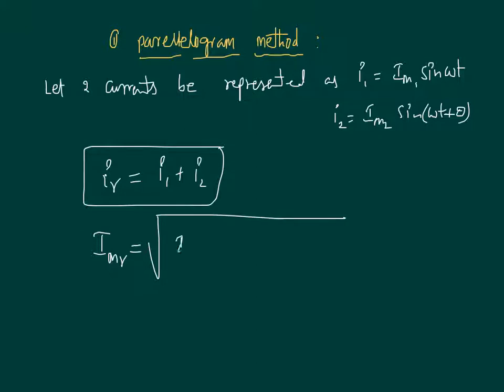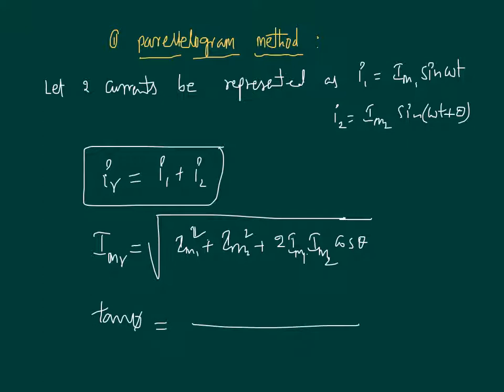That means Im equals the square root of Im1 square plus Im2 square plus 2 Im1 Im2 cos theta, and also tan phi equals Im2 sin theta by Im1 plus Im2 cos theta.